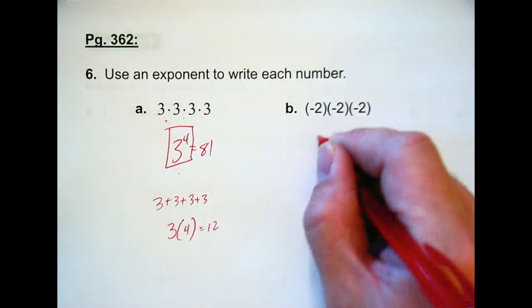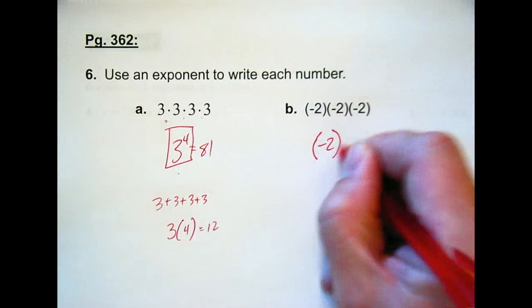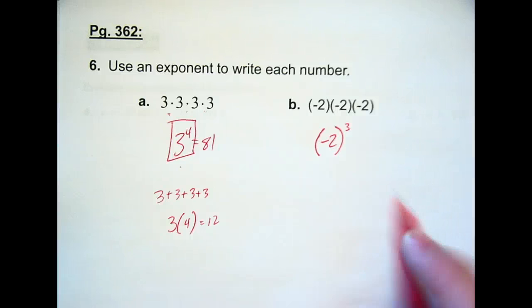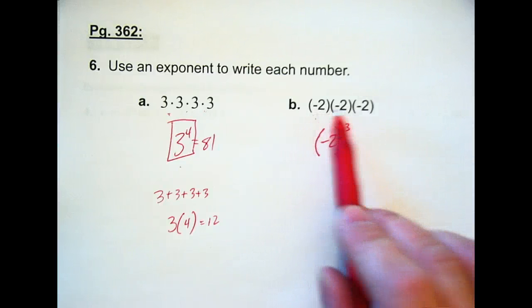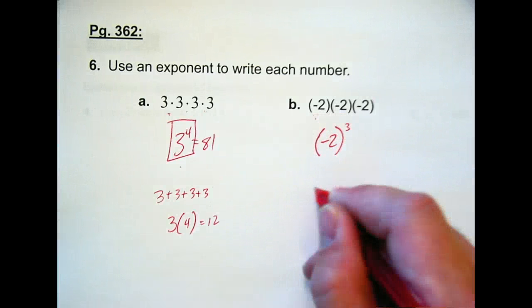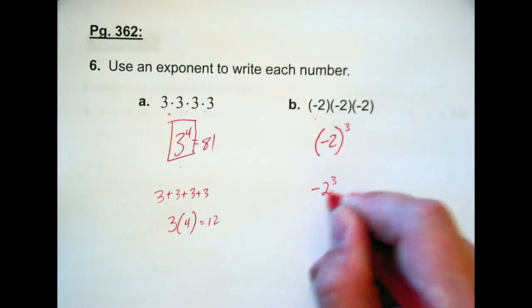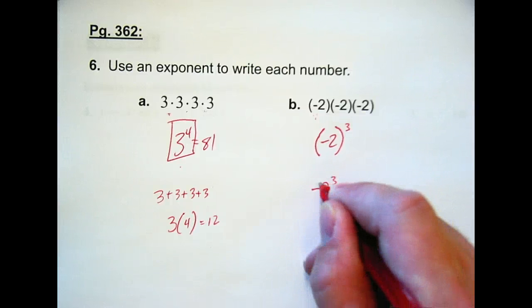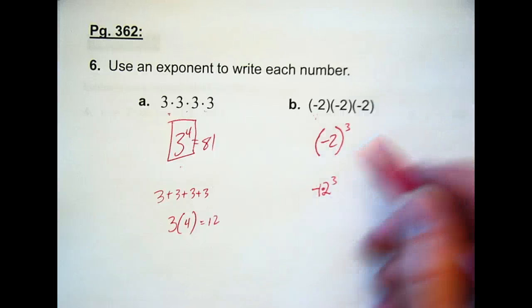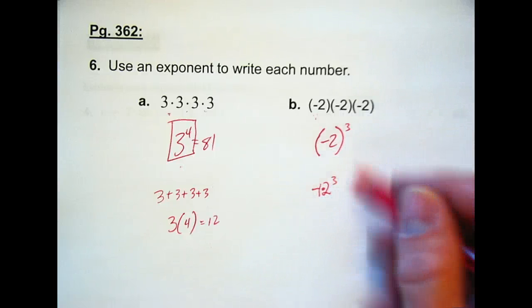This is negative 2 to the 3rd. Now remember, whenever you're raising a negative to a power, you want to put parentheses around it. If you write it without parentheses, that means 2 to the 3rd times negative 1, which in this case would give you the same answer, negative 8.